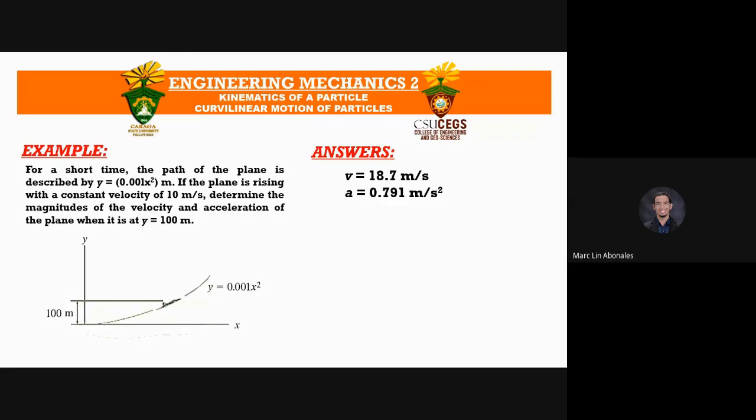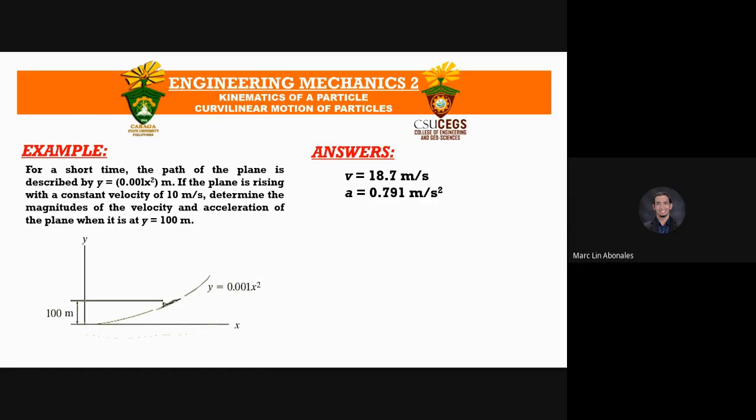And if the plane is rising with a constant velocity of 10 meters per second, what you need to determine are the magnitudes of the velocity and acceleration of the plane when it is at y is equal to 100 meters. So, ang kailangan nato pangitaon here ay ang magnitude sa velocity and also the acceleration.